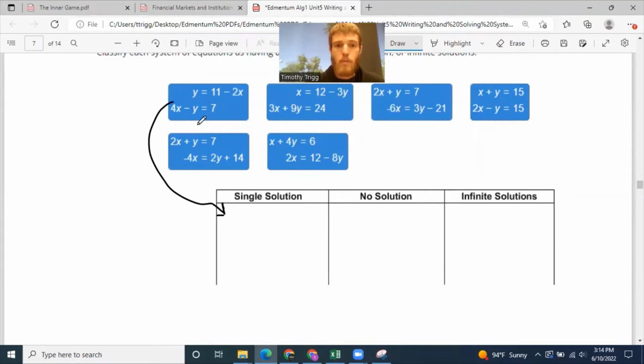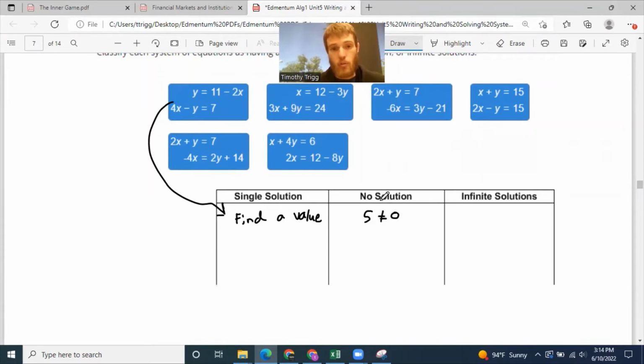Okay. So if you actually find a value for x or y, then it's one solution. If you end up with something that's not true, something like 5 equals 0, this is not true.